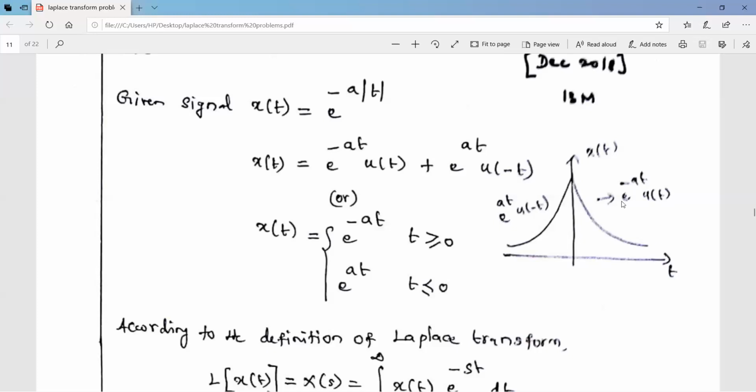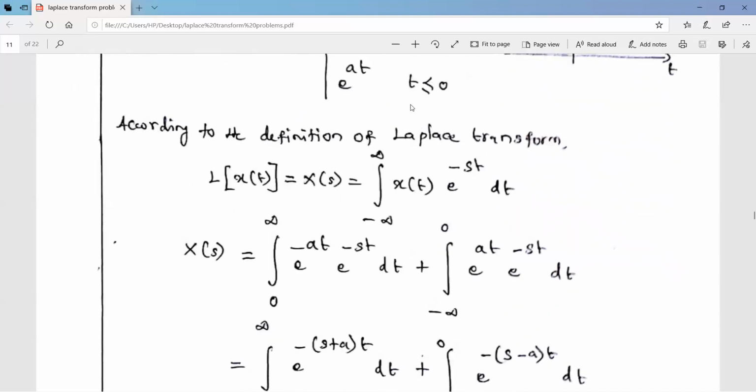The next one, for t less than 0, is exponentially rising, the amplitude increasing: e power at into u of minus t. The addition of these two signals is the e power minus a modulus t.